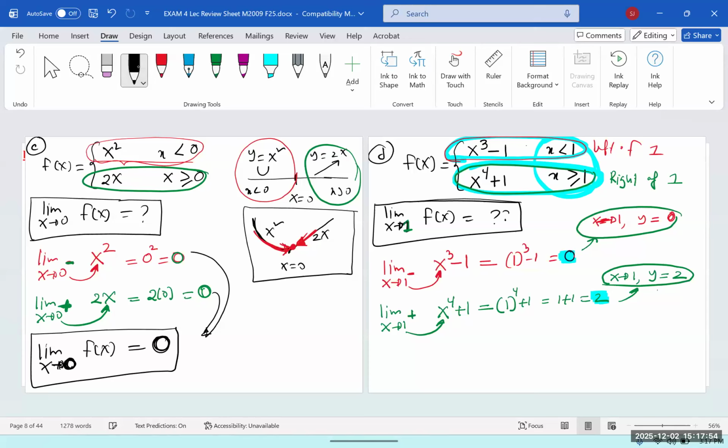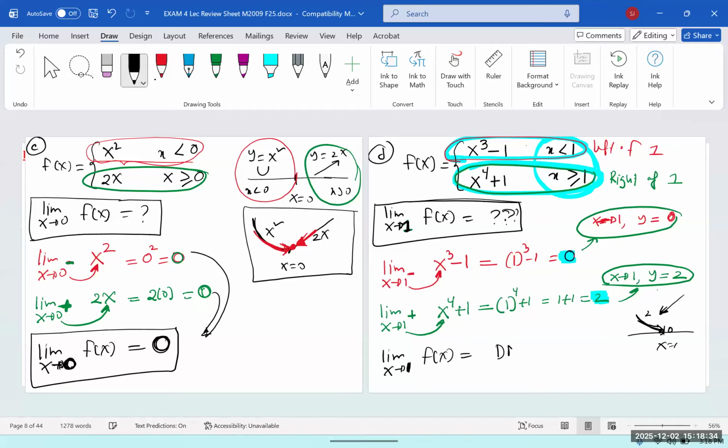One side is telling you when x is 1, your y value is going to 0, something like this. And the right one is telling you your y value is going to 2, something like this. So there are two different y values. One is 0 and one is 2. That's why, for the question they ask here, exactly at 1 of this function, what should your limit be?